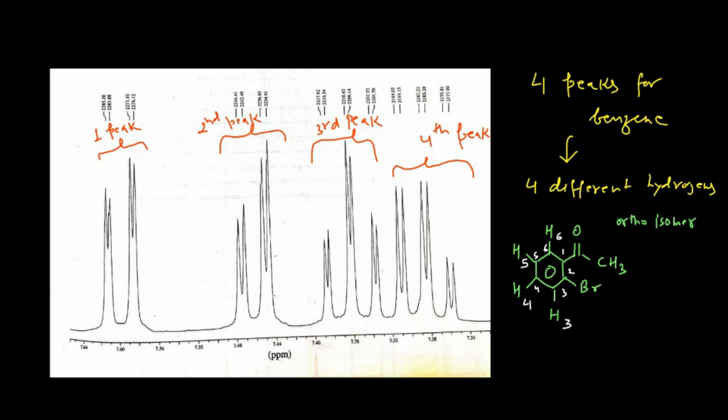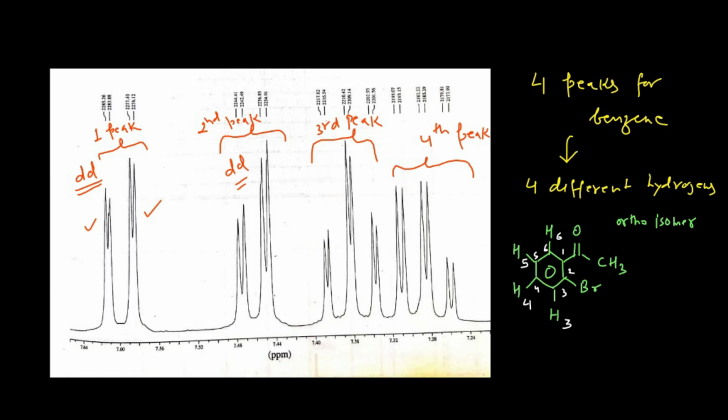Now, if you see the pattern, this pattern is known as the DD pattern. DD means doublet of doublet. So this is one doublet, this is yet another doublet, this is known as the doublet of doublet. And then this one is also your DD pattern.